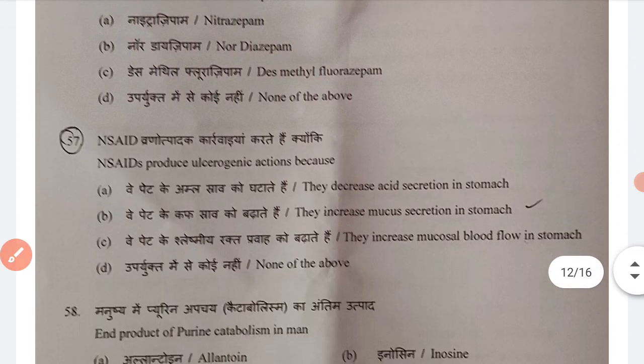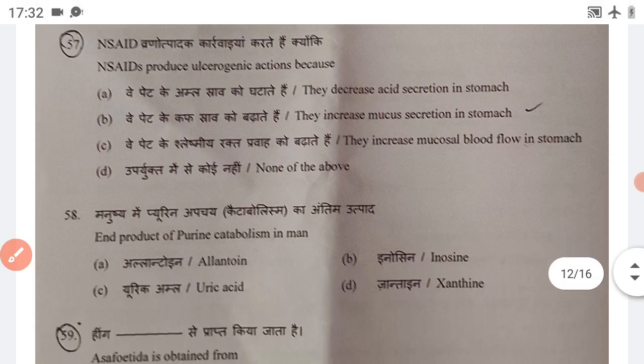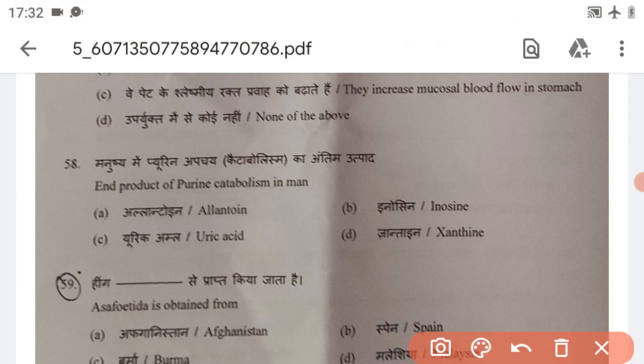Next, NSAIDs produce ulcerogenic action because they decrease mucosal blood flow in the stomach. Option C is right. And the product of purine catabolism in man is uric acid. We can answer this question easily because we know allantoin, inosine, xanthine, and uric acid in man.